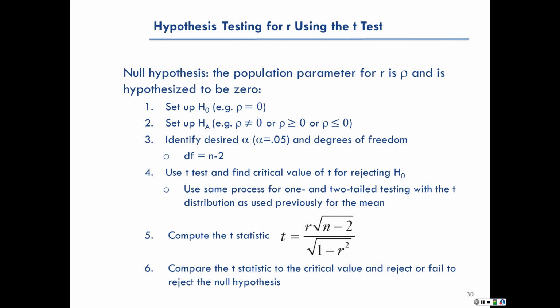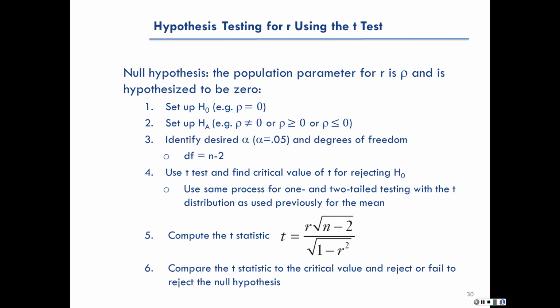So our next step would be, as always, to identify our desired alpha value, typically alpha 0.05. Our degrees of freedom, that's always n minus 2. And then, just like you've done previously, you want to use the t-test and look up in the t-table and find the critical value of t for rejecting the null hypothesis. And so use the same process as we went over in prior lectures for one- and two-tailed testing with the t-distribution.